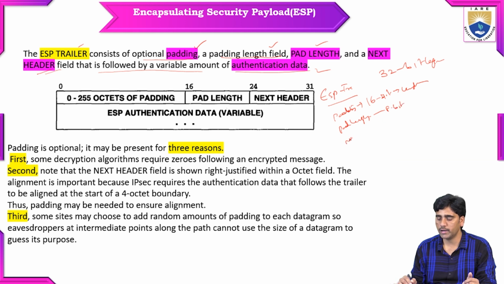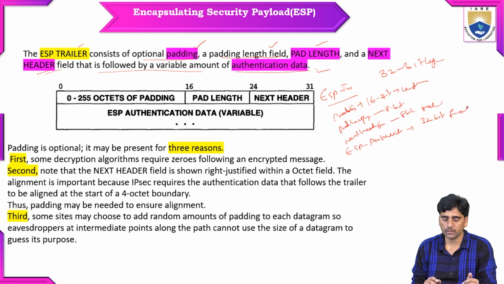The next header field is also an 8-bit field. And the ESP authentication data is a 32-bit field. So from the ESP trailer format, the padding is optional.